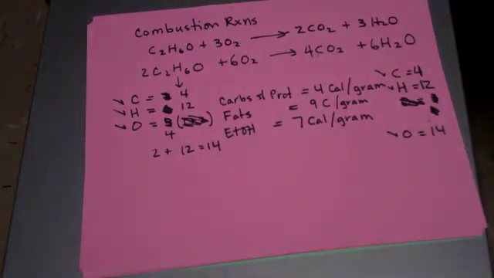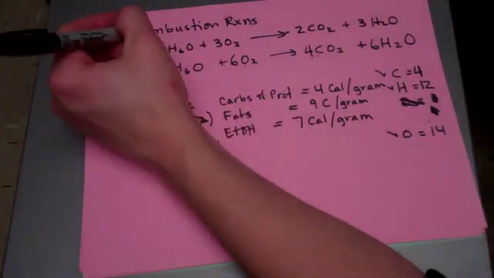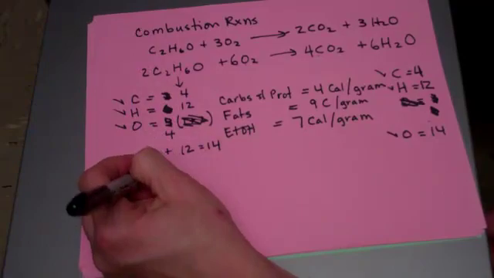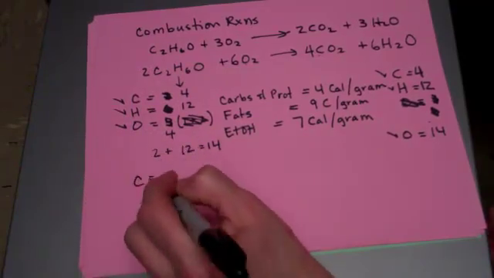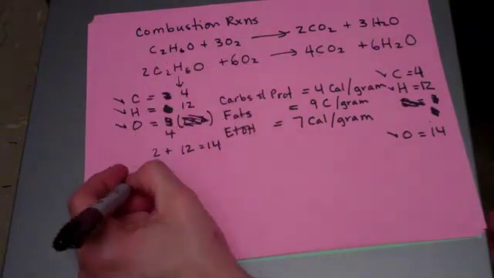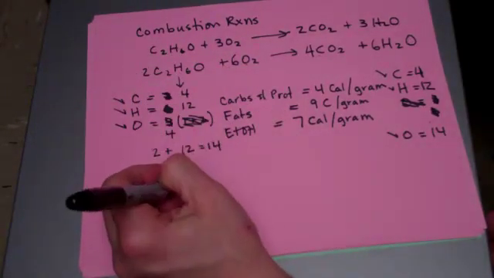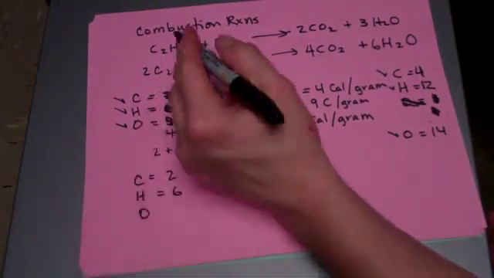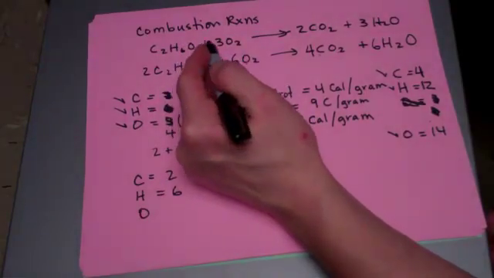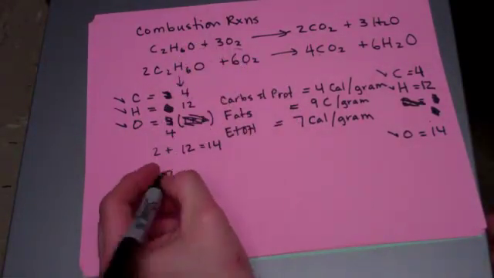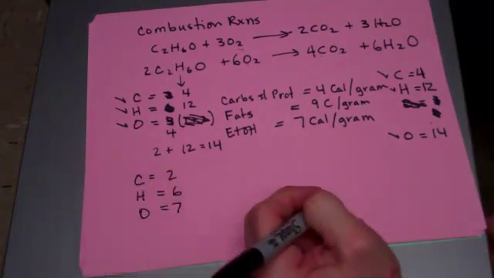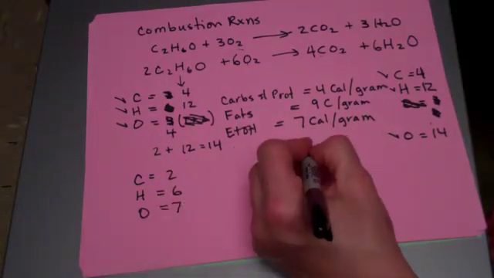We double check and make sure that this is still right. I've got 2 carbons on this side, so now my carbons are 2. We've got 6 hydrogens on this side, and our oxygens are 1, 7 on this side. So let's see if we have the same on the other side.